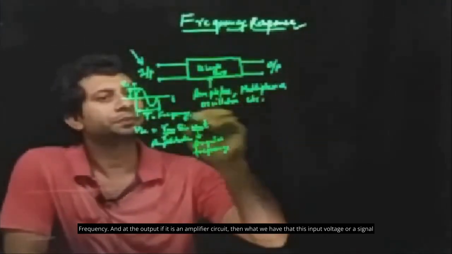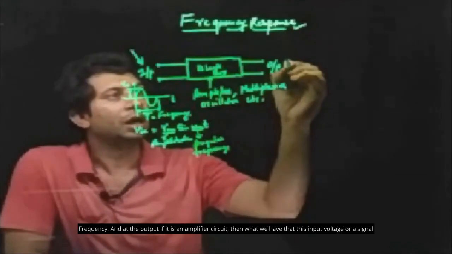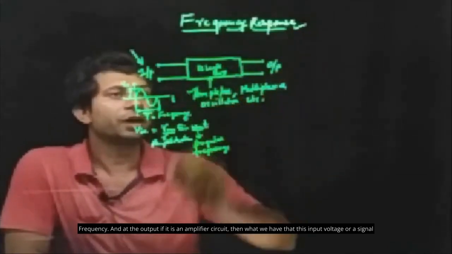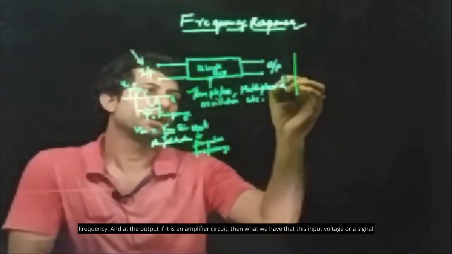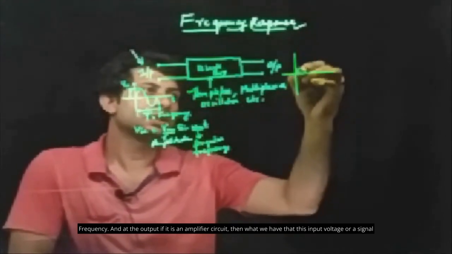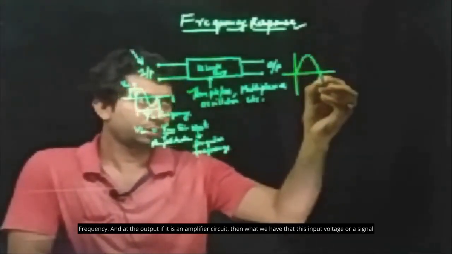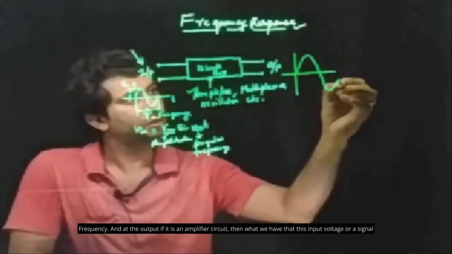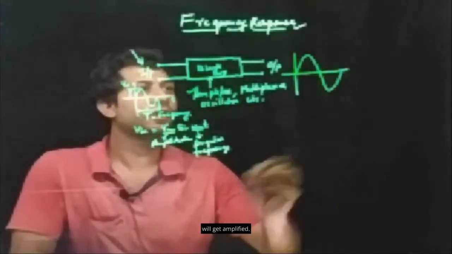And at the output, if it is an amplifier circuit, then the input voltage or signal will get amplified.